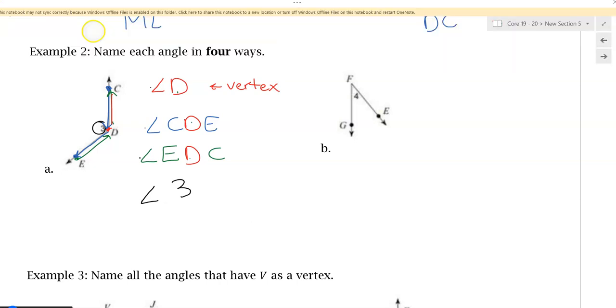Same thing here. I can call it angle F, because that's my vertex.